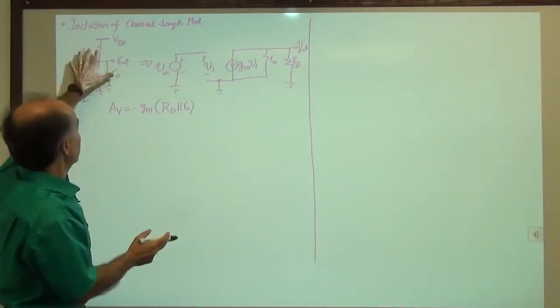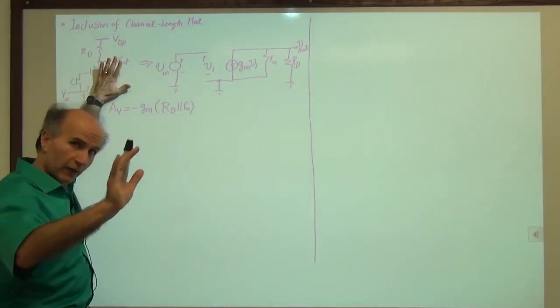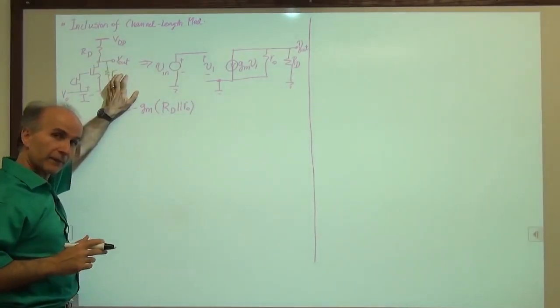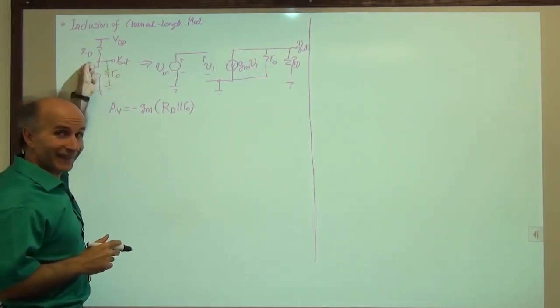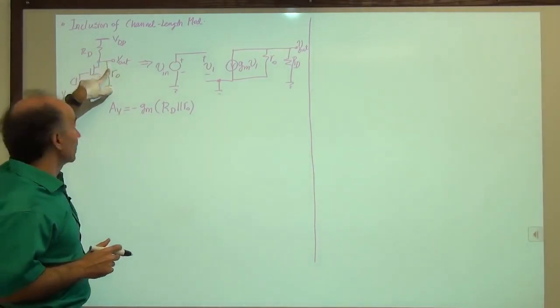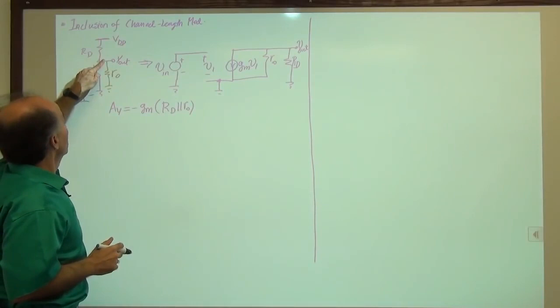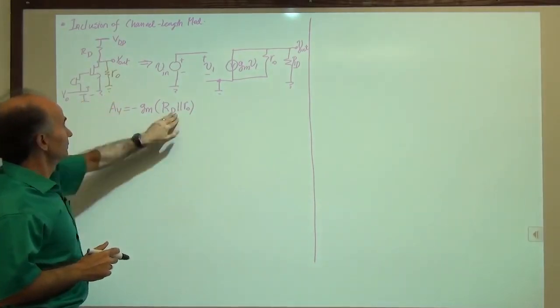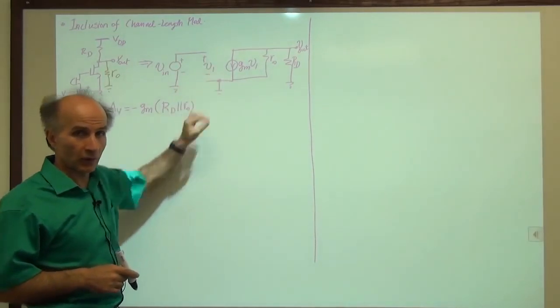This is not really the small signal model. But without showing anybody, I'll just do it like this in my head. I say, oh, there's an RO from drain to source. I take it out of the transistor and draw it here. And I say, well, from the drain, I have RD to AC ground and RO to AC ground. So, boom, that's what we get. So we don't even have to draw this.